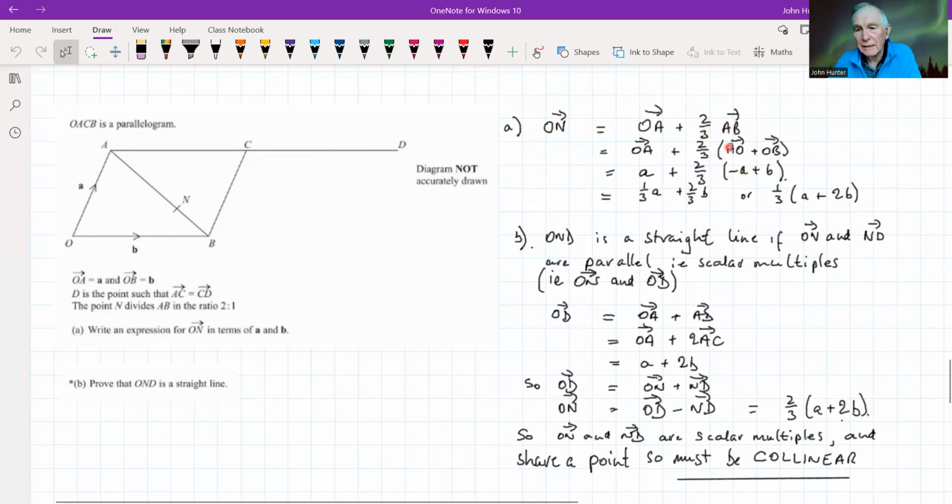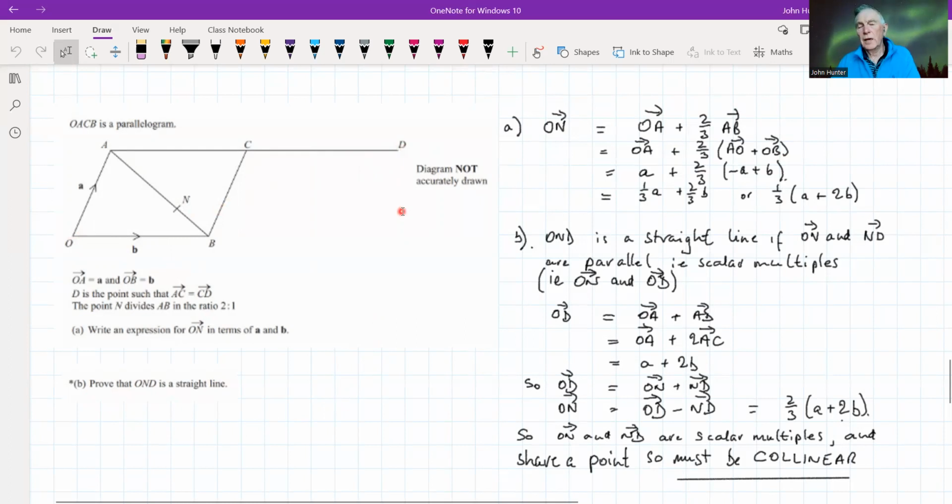If you can do that, then really it's as straightforward 3 or 4 marks as you're going to see in any question, I think. Then he goes on to say, prove that OND is a straight line.